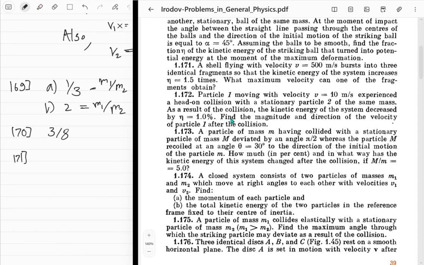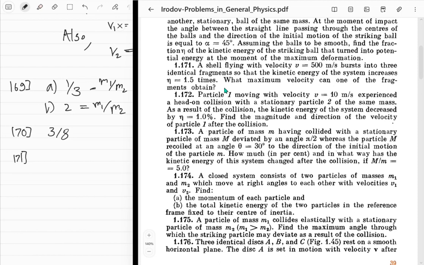We could do the same thing because the center of mass is still going with the velocity 500 meters per second; that's not changing. And the kinetic energy with respect to the center of mass is doable because now you can just do momentum conservation and it will work out, right?